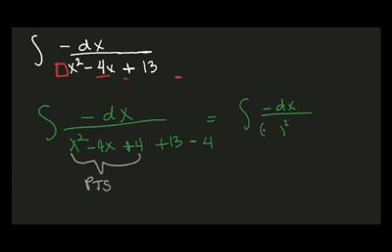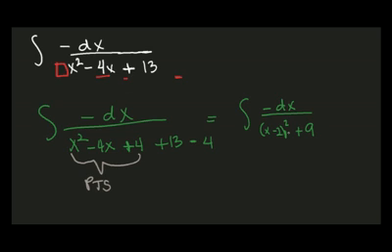So square root of x squared is x, and what was half of negative 4? Negative 2. So you put the negative 2 there, and that's rewritten. And then here, what's 13 minus 4? 9.